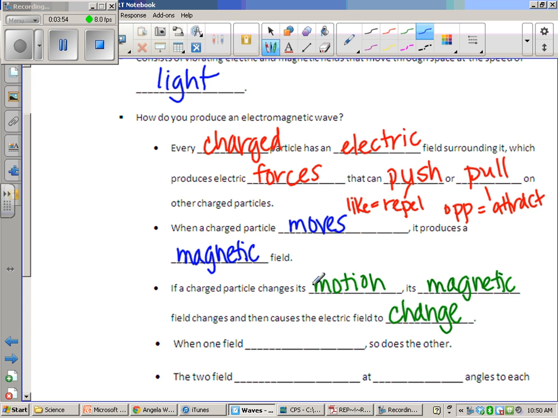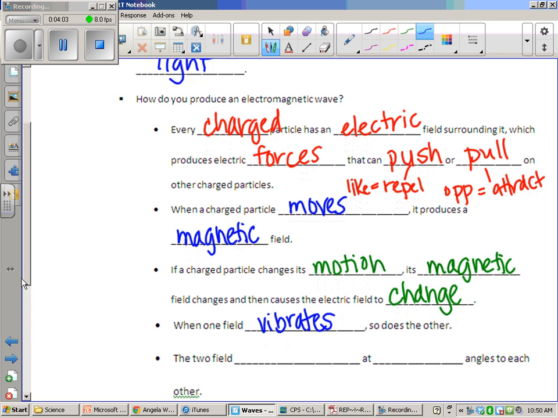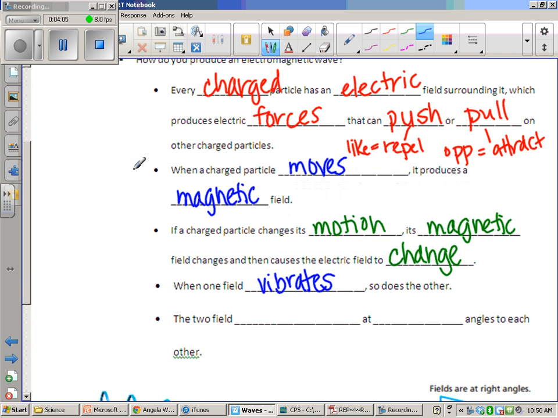And also, when one field vibrates, so does the other field. So if one field moves, the other field will move. If one field vibrates, the other field vibrates. That's because these two fields are intertwined. Okay, the two fields vibrate at right angles.